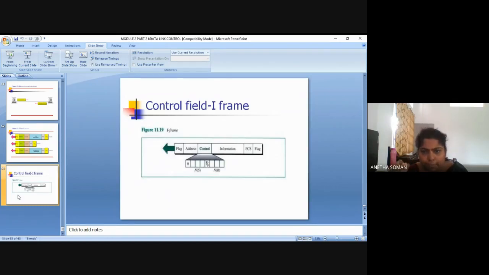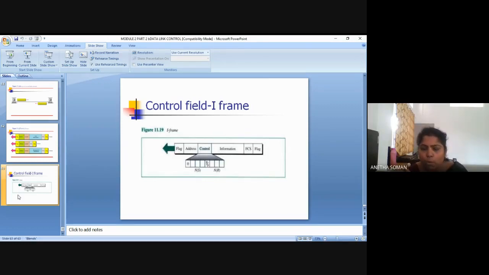Now the next bit is represented as P by F. P stands for poll and F stands for final.